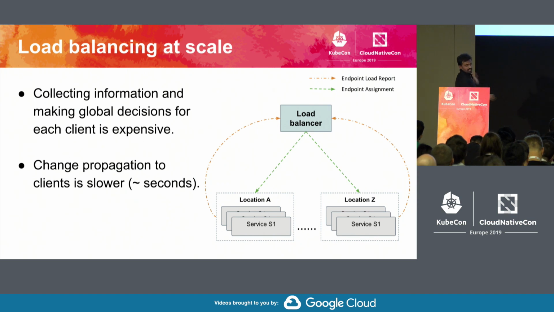You have multiple locations A to Z, and you have a bunch of services. All are reporting their load back to the load balancer, and the load balancer is making global decisions for each of these services, and at the same time sending that information to the client, telling the client what to do based on those capacities, weights, localities, etc., trying to serve it closer to the clients.